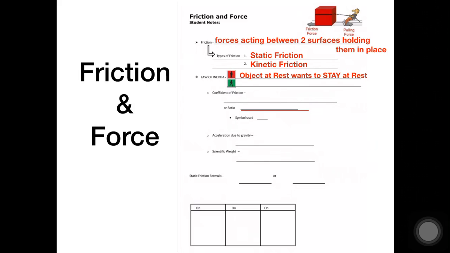This helps us to remember that the first part of the law of inertia is objects at rest want to stay at rest. The man in this box is not moving. He is standing at rest. So the first part of the law of inertia is object at rest wants to stay at rest. Go ahead and fill out the first part of the law of inertia.